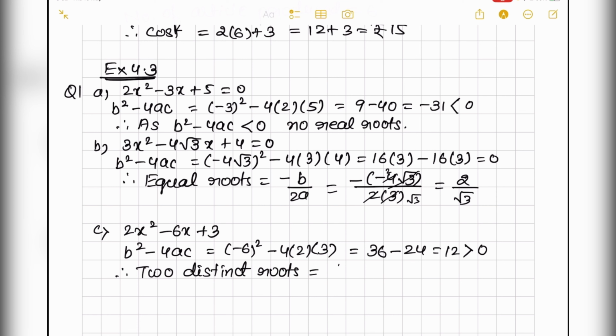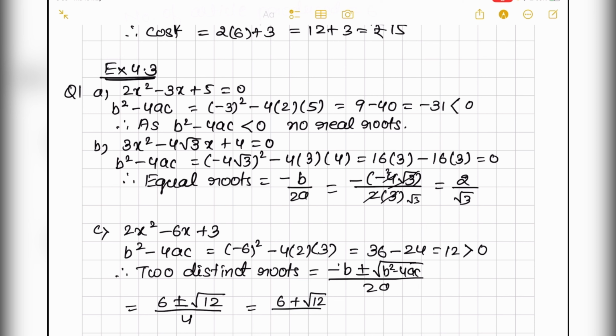That will be minus b plus or minus root of b square minus 4ac upon 2a. So here I will get 6 plus or minus root 12 upon 4. So I can write it like this: 6 plus root 12 upon 4 and 6 minus root 12 upon 4.